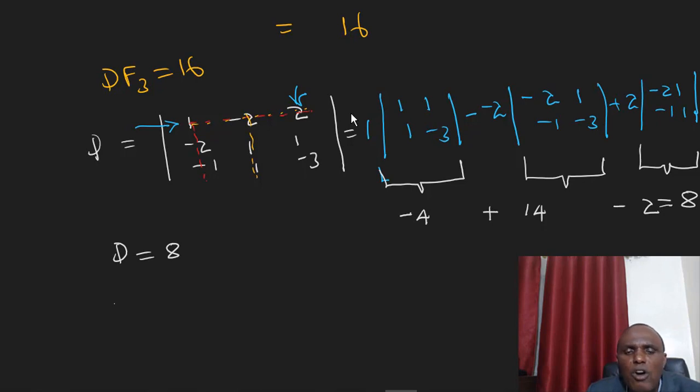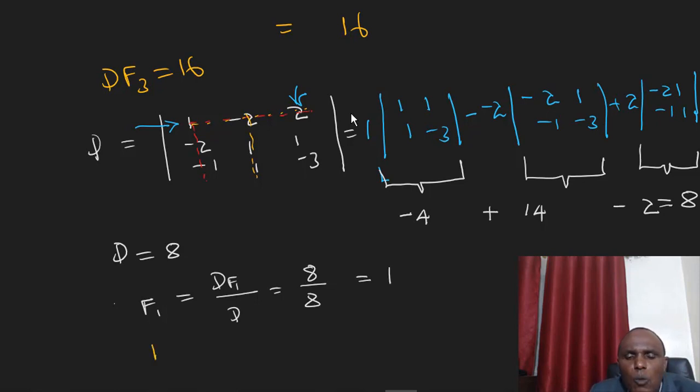Let us now compute F1. F1 is equal to dF1 divided by D. dF1 is equal to 8, and D is equal to 8. So 8 over 8, and this becomes 1.